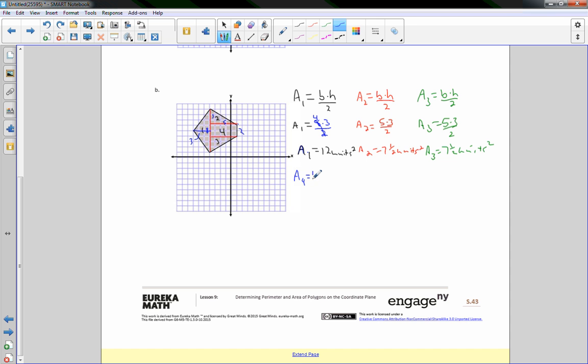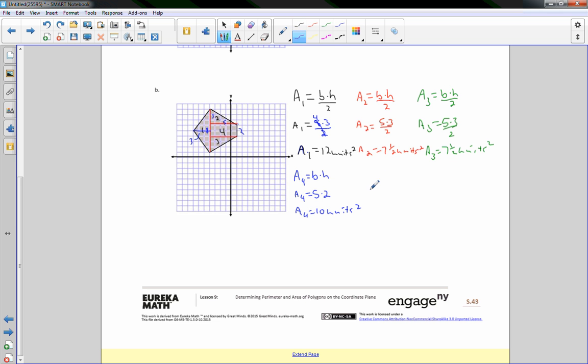Area 4 equals base times height, and area 4 equals a base of length 5 times a height of 2. So the area 4 equals 10 units squared.